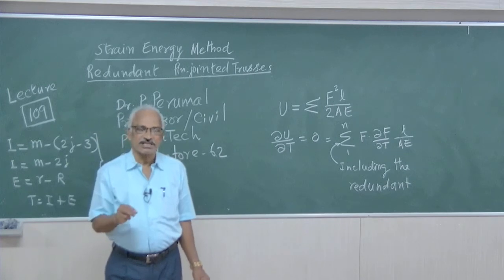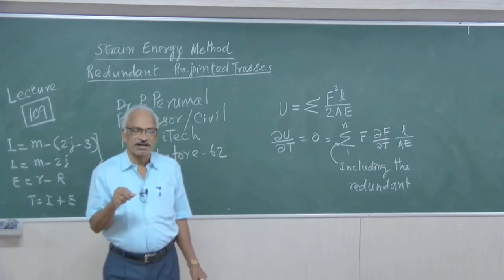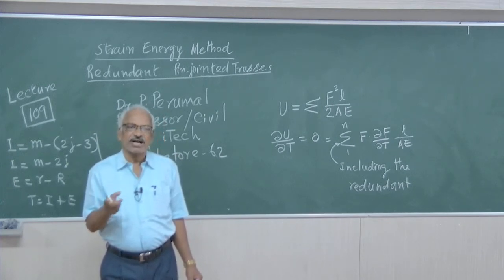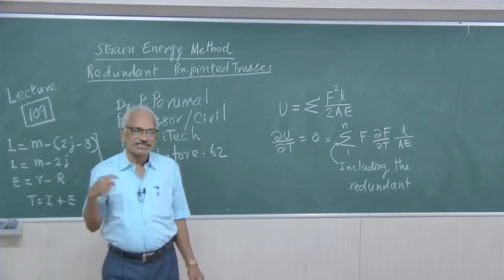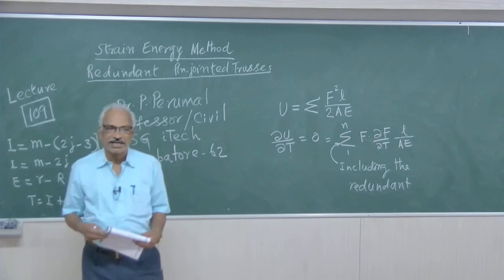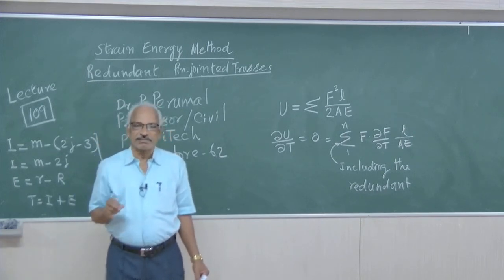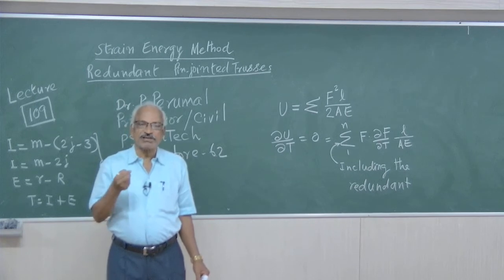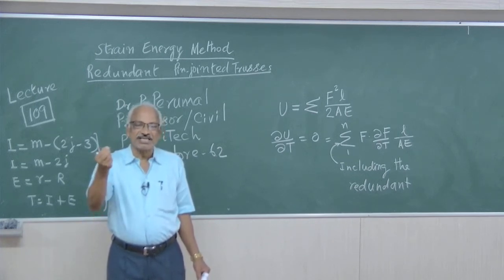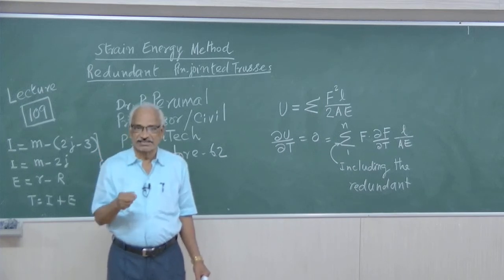Not only this. This is for the external forces, and in addition, as far as trusses are concerned, there are other problems. Namely, a particular member, during fabrication, may be a little extra in length or a little short in length.